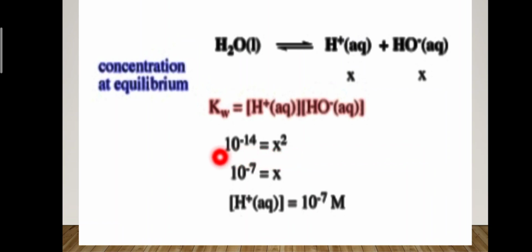Taking square root on both sides, we get the value of X, that is 10 raised to the power minus 7. So the concentration of H positive is equal to 10 raised to the power minus 7 M or 10 raised to the power minus 7 mole per dm cube.